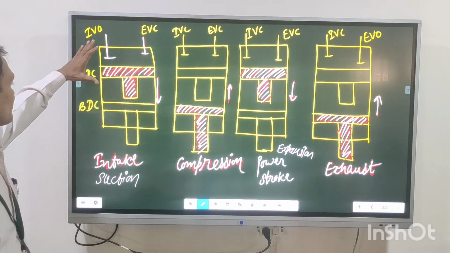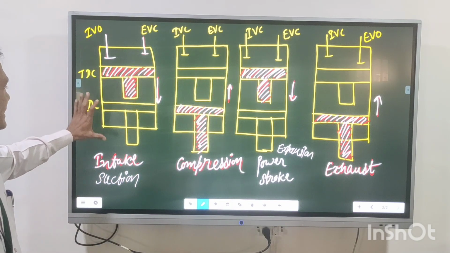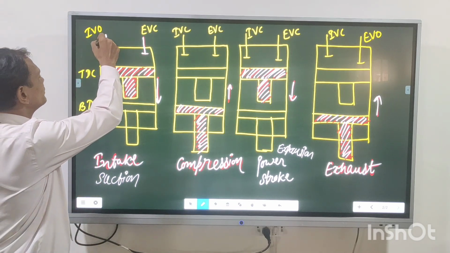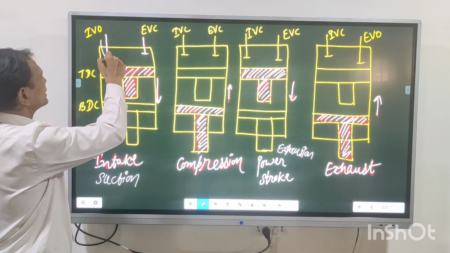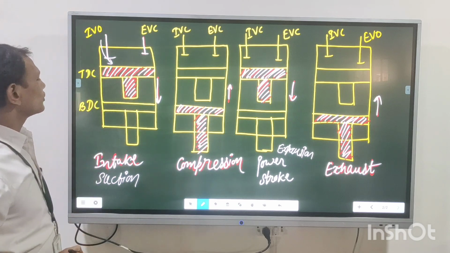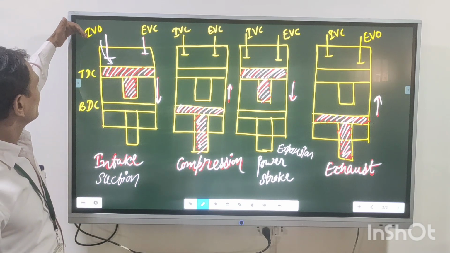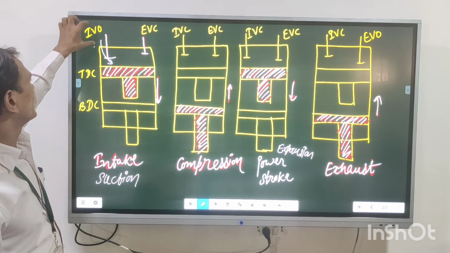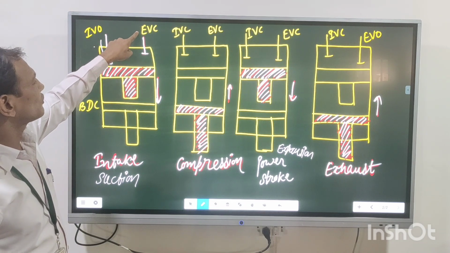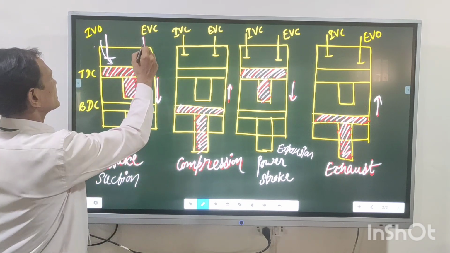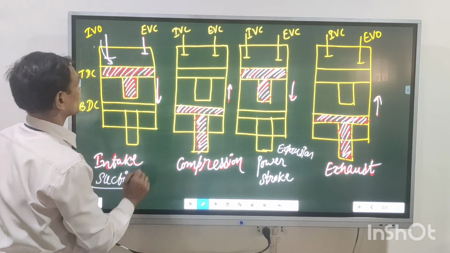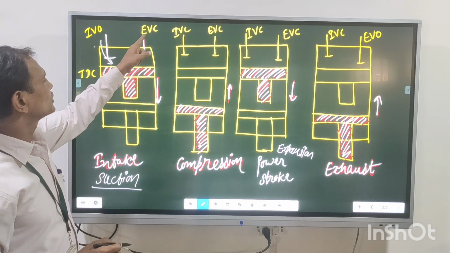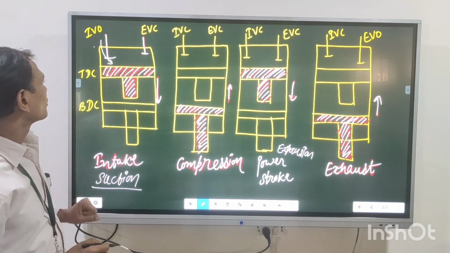In the intake or suction stroke, the air fuel mixture, the fresh charge, is taken in when the inlet valve is open and the exhaust valve is closed.